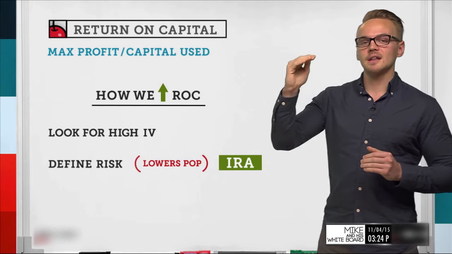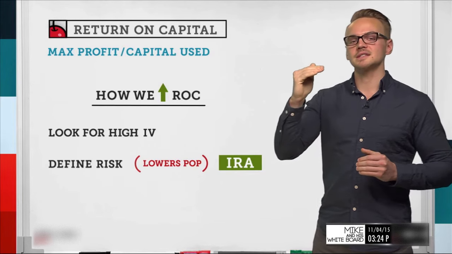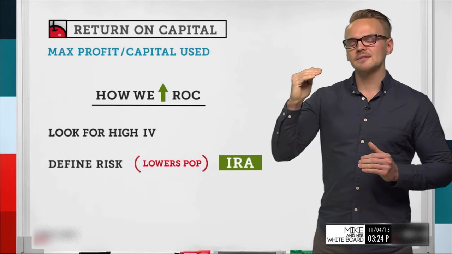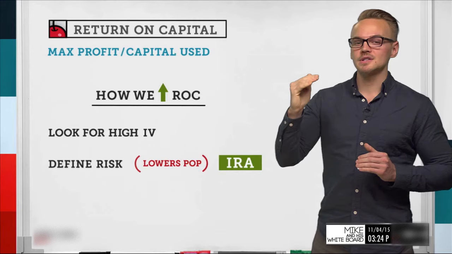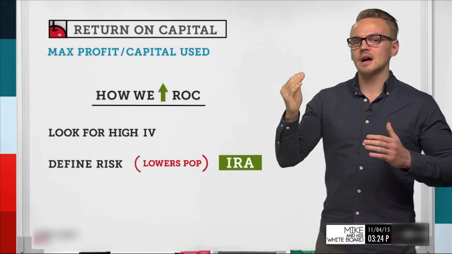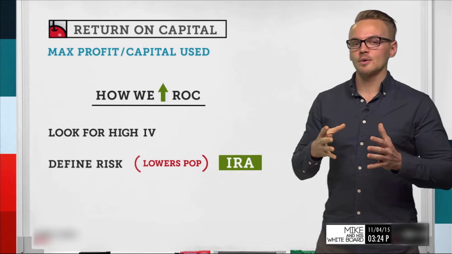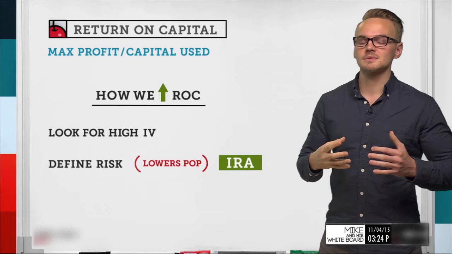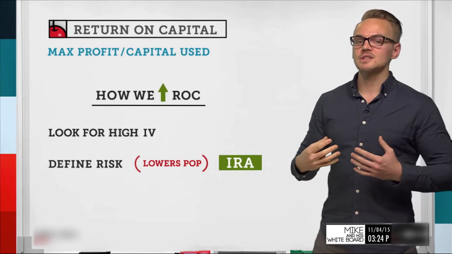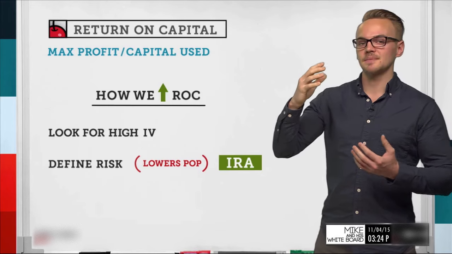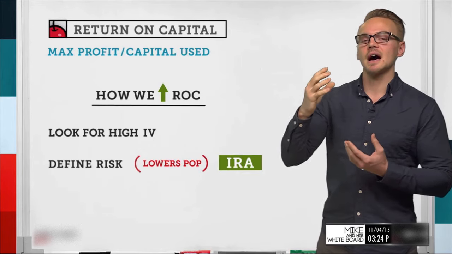So if I'm selling an option for $2.50 at the money in a high implied volatility environment, that very same option and that very same expiration in a low volatility environment might only be worth $1.50 or $2. So using that same or relatively same buying power reduction but collecting less is going to reduce my return on capital. So what we like to do is look for high IV environments where we can sell the premium against that same buying power reduction to give us a higher return on capital.